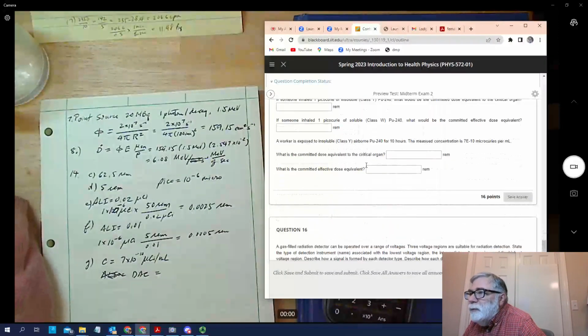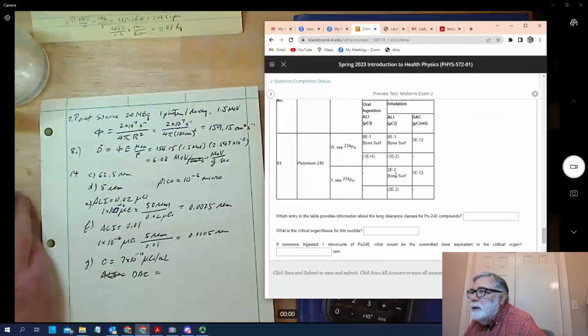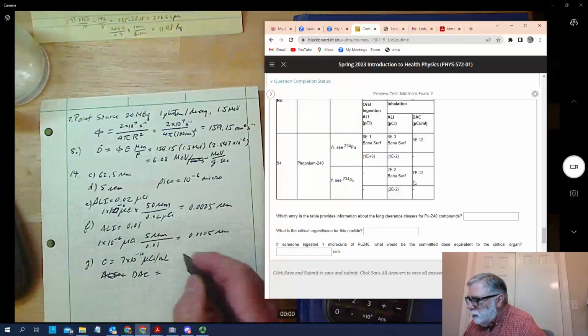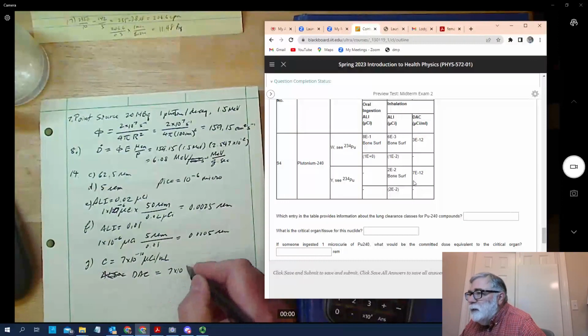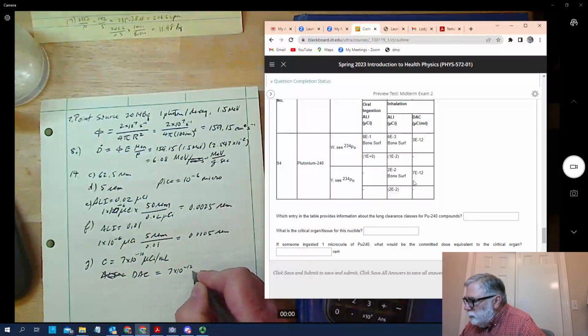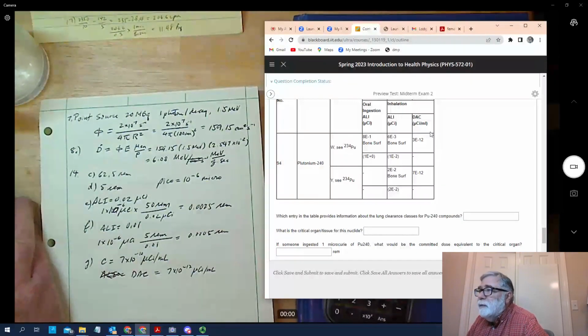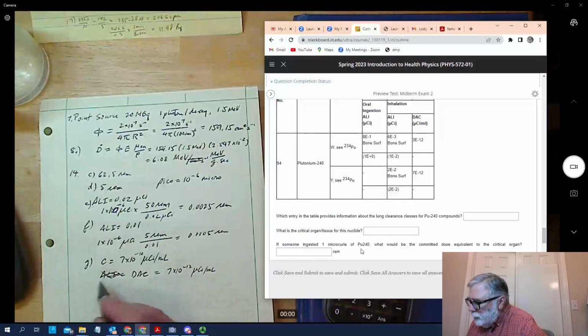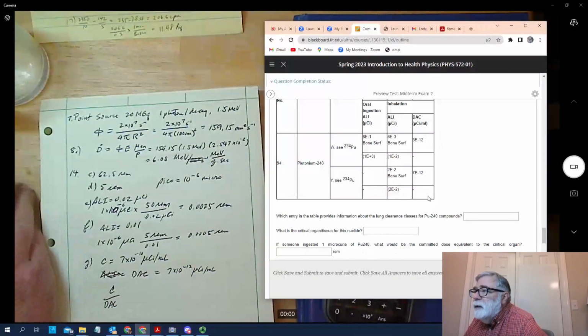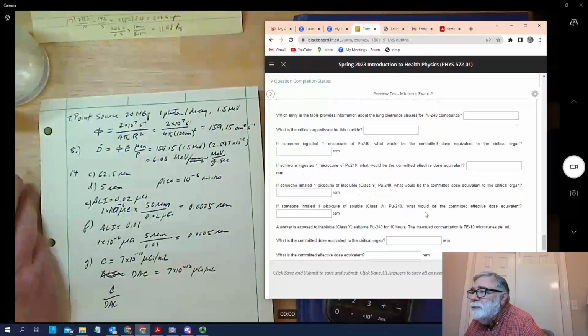This is the committed dose equivalent to the critical organ. The DAC for the critical organ is 7 times 10 to the minus 12 microcuries per liter. So C over the DAC. And what's the time frame on this?